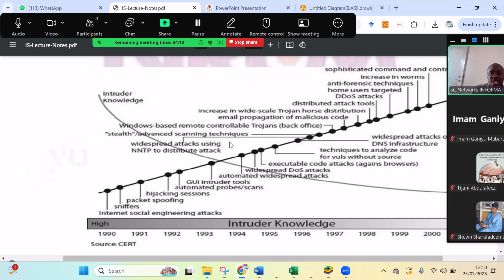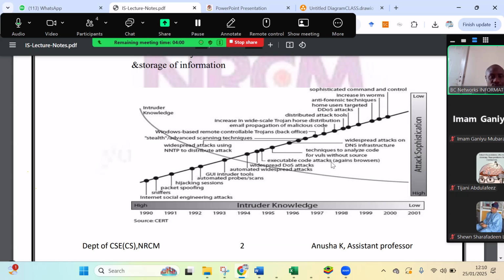So let us quickly look at this from the Computer Emergency Response Team. We have this framework that shows how attacks are emerging. And you and me, we look at this framework from 1999, maybe when some of us had not been using information systems then.